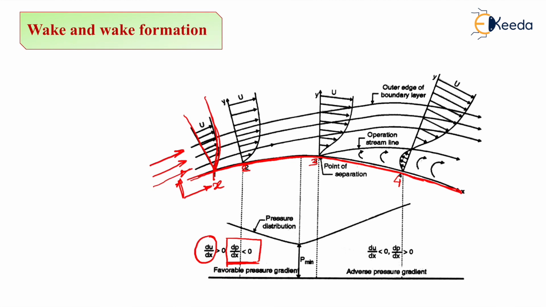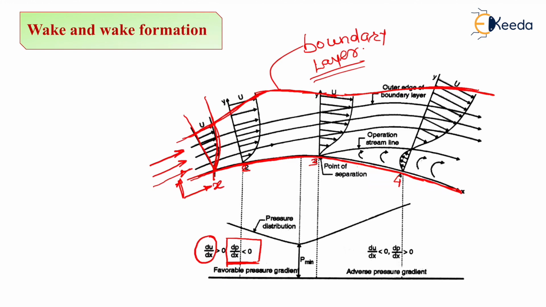So if I join the points of values equal to u, then I will have the nature of the boundary layer as shown in the figure. So this is the boundary layer, which is formed along the surface.